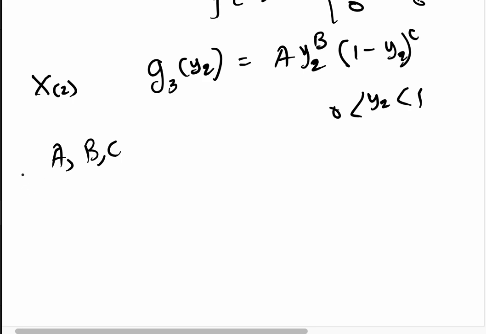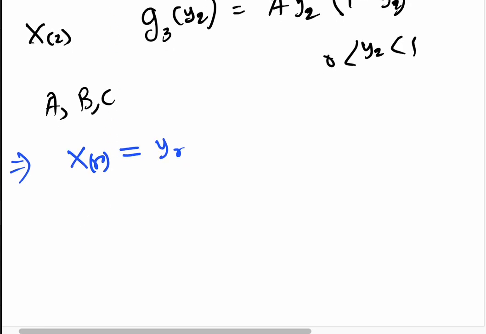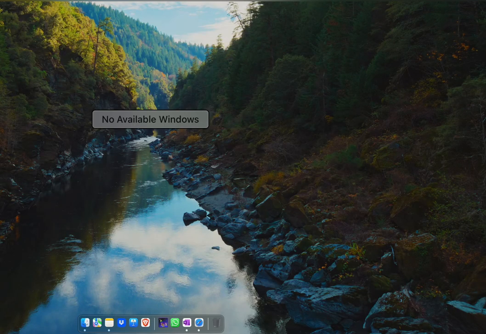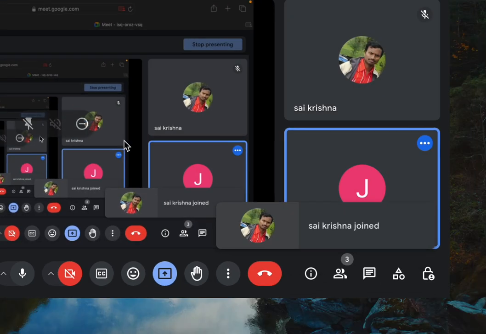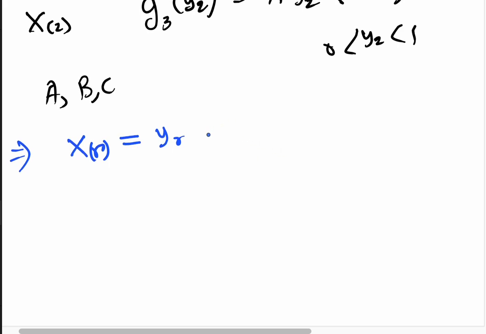Now let's see how we can find it. Suppose that x of r equal to y of r.